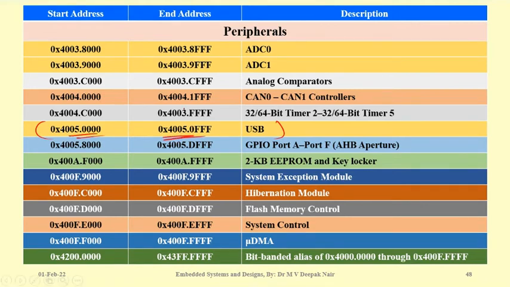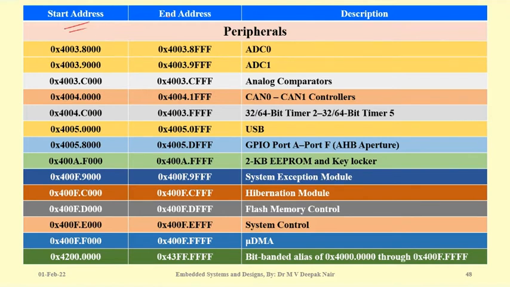We will explore these registers also so that you can program them. By programming them, you can start using the USB port with the microcontroller, or even connect your own devices at the USB.